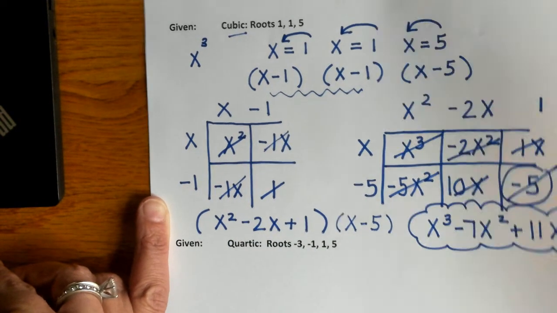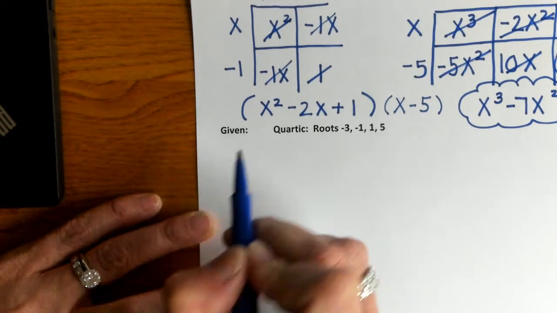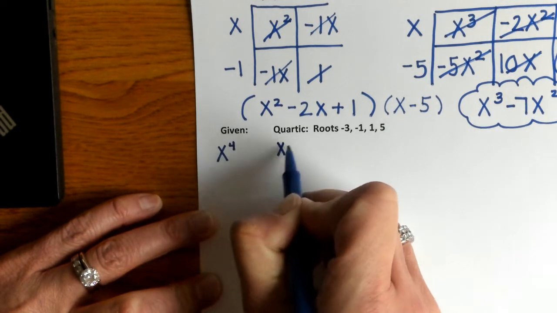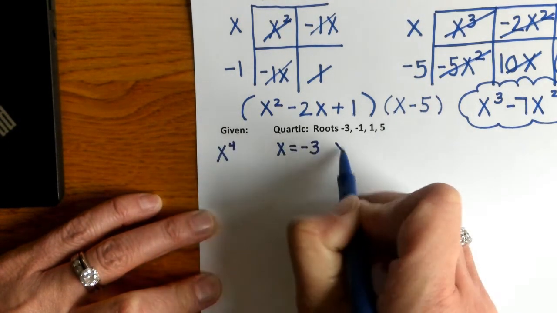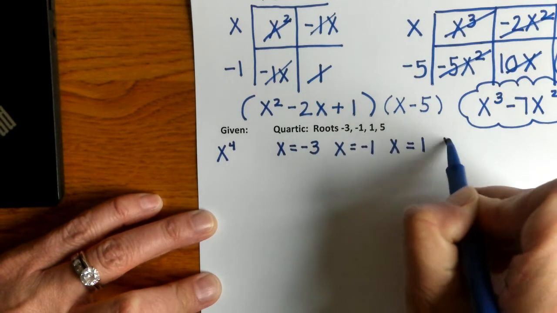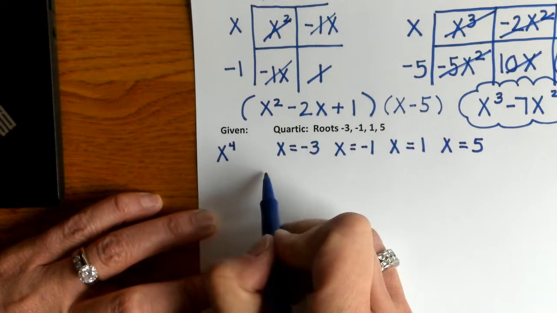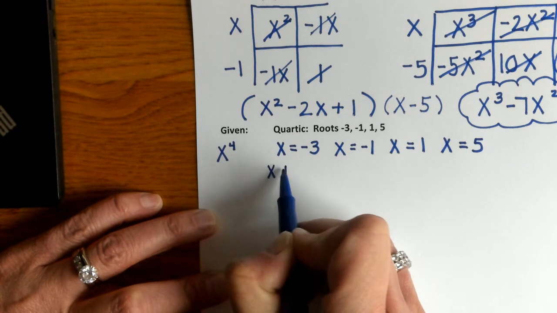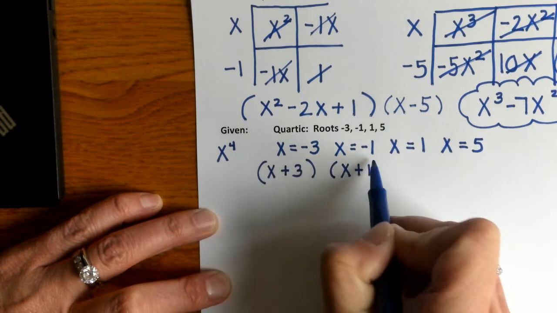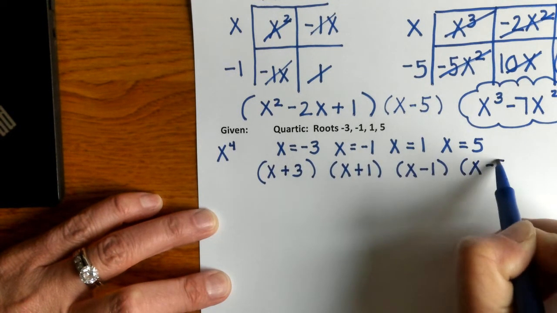So let's just do another one here, just for some more practice. This is a quartic, so that means x to the power of 4. So I have x equals negative 3, x equals negative 1, x equals positive 1, and x equals 5. I need to move them back into factors. So that would be x plus 3, x plus 1, x minus 1, and x minus 5.